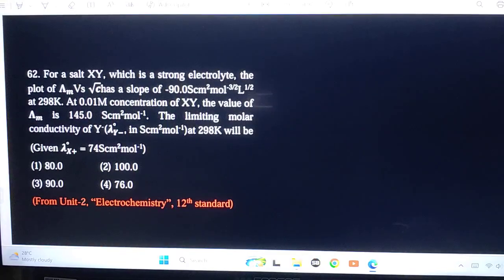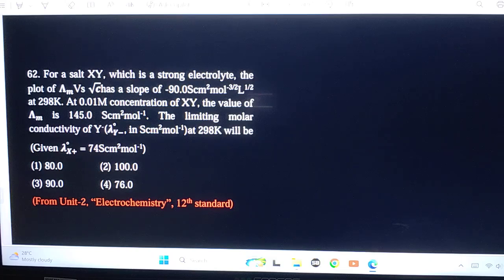Okay, the next one. For a salt XY, which is a strong electrolyte, the plot of lambda molar versus square root of concentration has a slope of minus 90.0 centimeter square mole to the power of minus 3 by 2 liter to the power of 1 by 2 at 298 Kelvin.